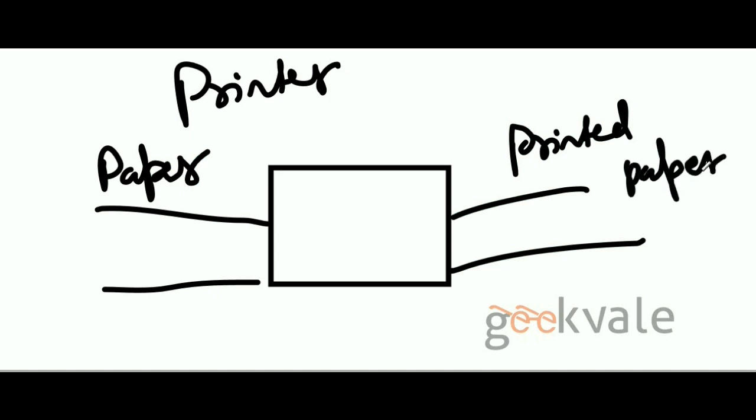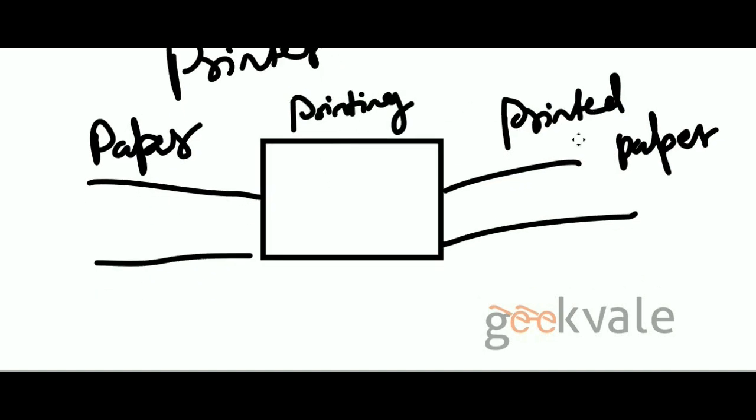And in between these two ends there is this box which is doing what? Performing printing. So I can say that the quality of the printed paper depends on, first thing first, the paper, second, what kind of printing is performing on the paper. So in other words, I can say that the printed paper depends on the paper as well as the printing.